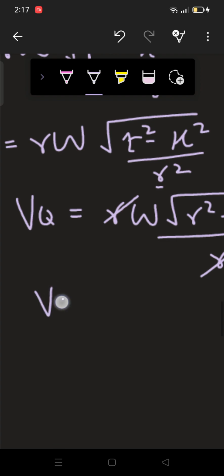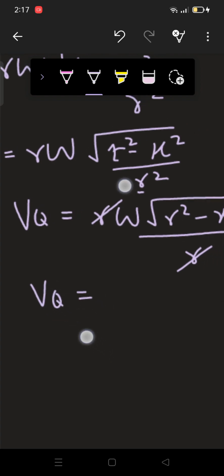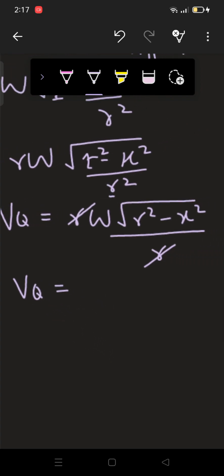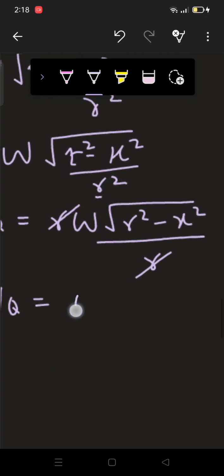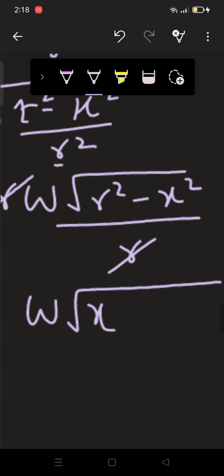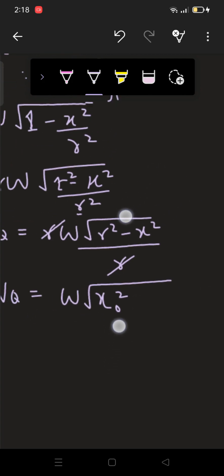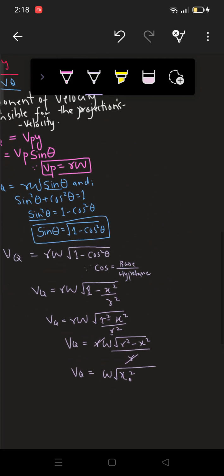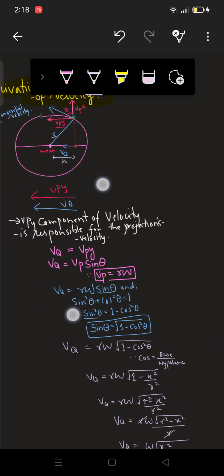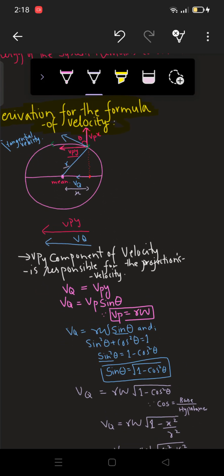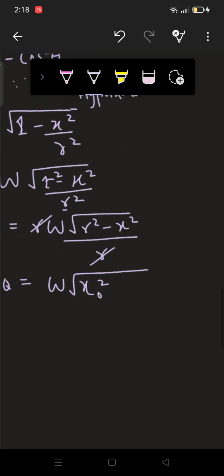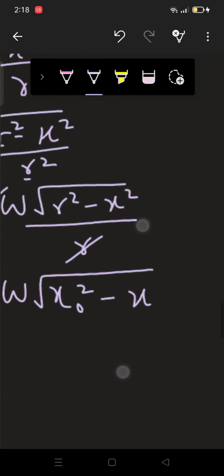So what we got, our final formula, vq is equal to, now instead of radius square you can actually write x naught square, because x naught is equal to the amplitude, the maximum displacement, right? So x naught square minus x square.